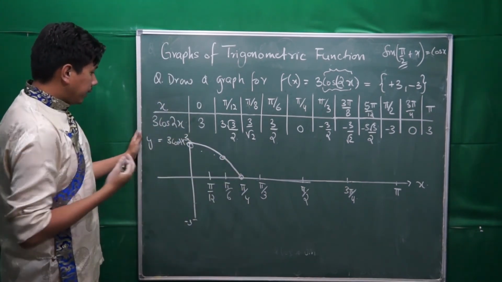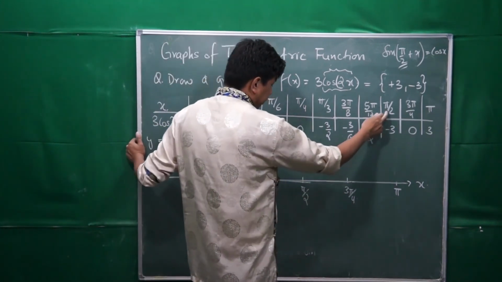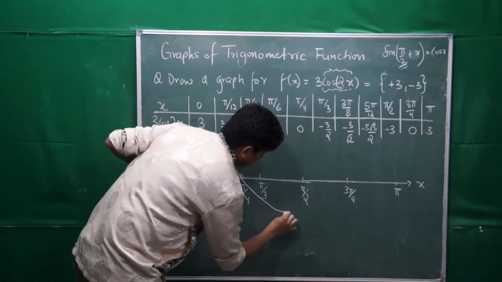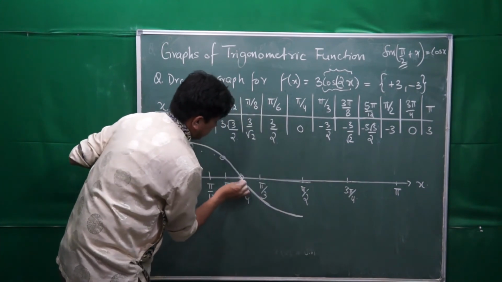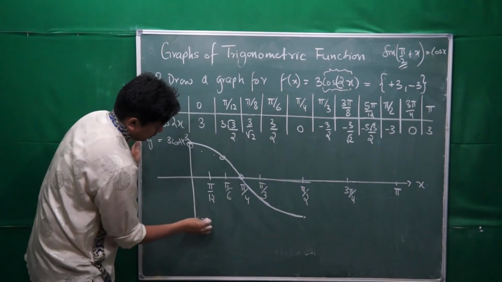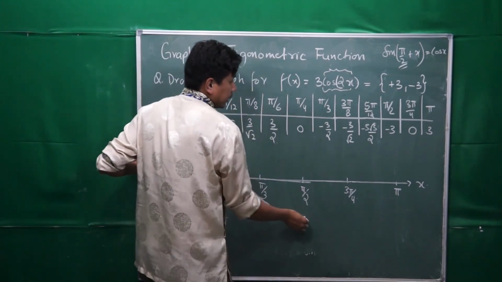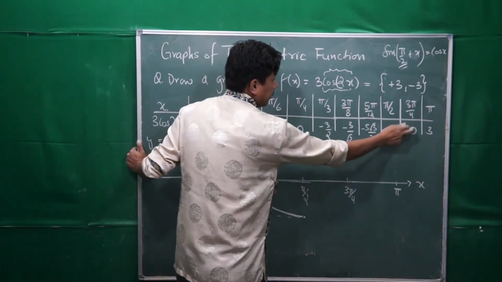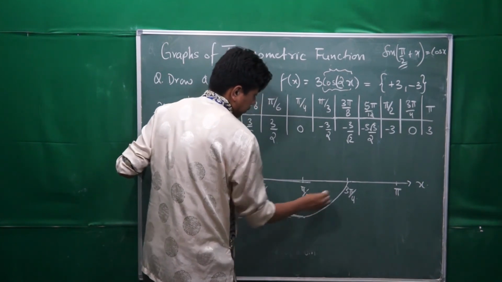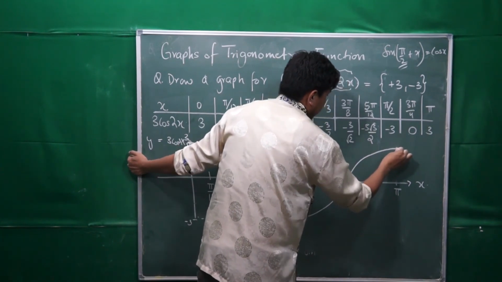Now again it goes on moving till it is minus 3, and the minus 3 is for pi by 2. So this value is minus 3. Then again it increases to 0 at 3 pi by 4, and then at pi we have value 3.